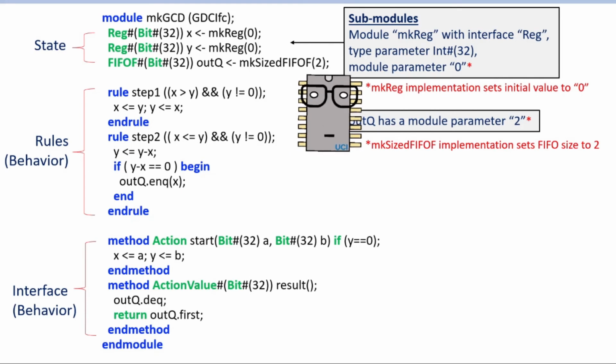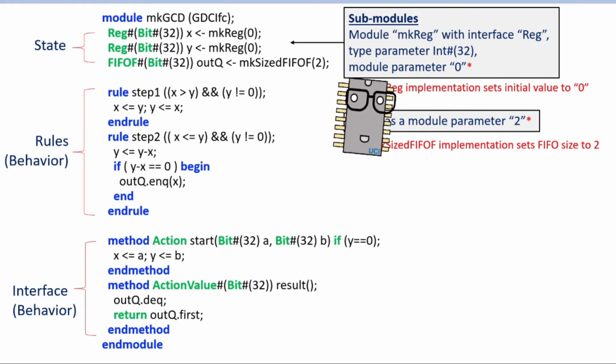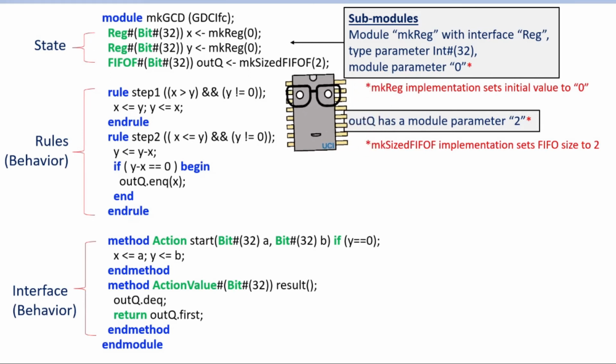It's not going to reallocate more memory for itself while the accelerator is running. Once it's compiled with a size 2, that's all the size that it has. If you try to put more things into it, something bad could happen. I mean, the language prevents you from actually putting more things into this, but this is the size that you get.